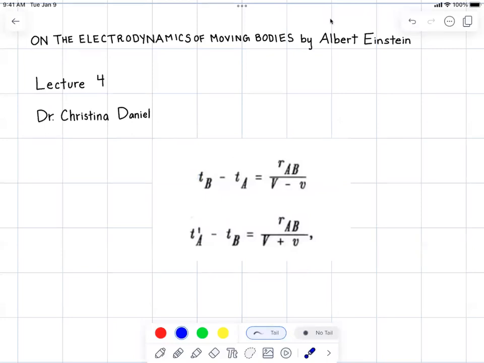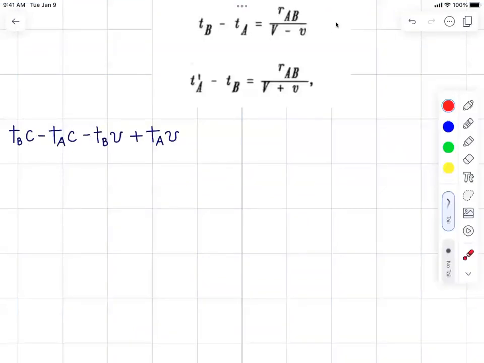So let's start with the first equation. The first thing that I'm going to do is multiply the denominator by the left-hand side. So let's do that algebra. I multiplied TB minus TA times uppercase V minus lowercase v, where uppercase V is actually c for the speed of light.